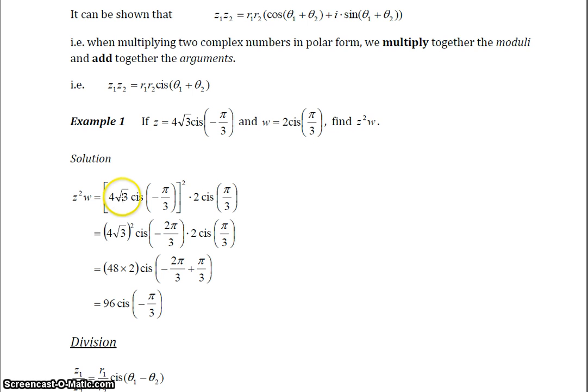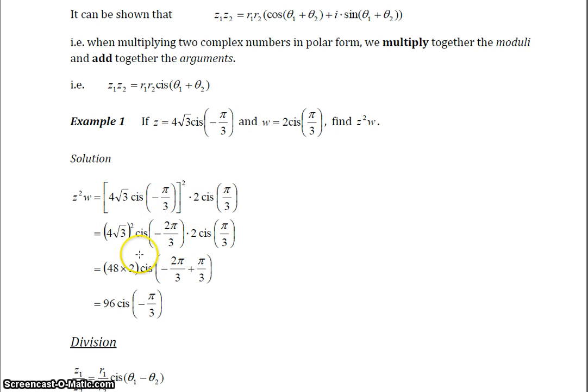So in other words, 4 root 3 times 4 root 3, or 4 root 3 squared, and cis of our arguments which are added together, so negative pi on 3 plus negative pi on 3. In this case we're doubling it, aren't we? So adding them together, we end up with negative 2 pi on 3.